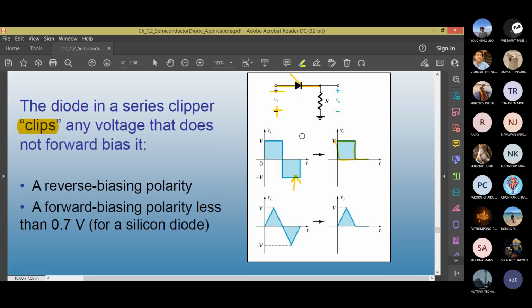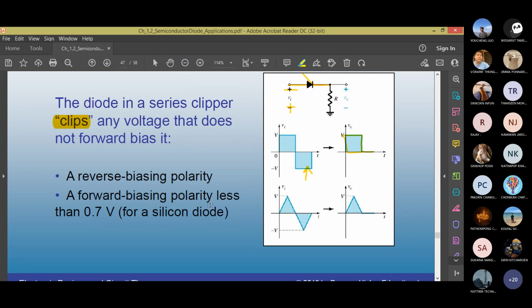This series clipper is true for all types of input waves. You are seeing a square wave. This one, what is it called? A triangular waveform. Same idea. One half cycle there's an input, the other half cycle not. You can also provide a sine wave, which will behave the same way.